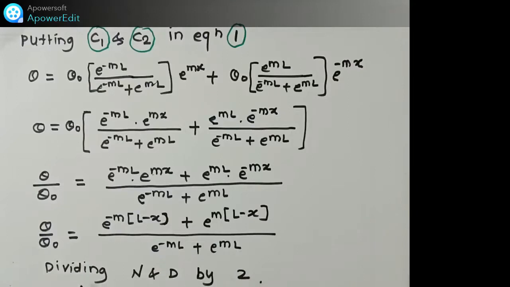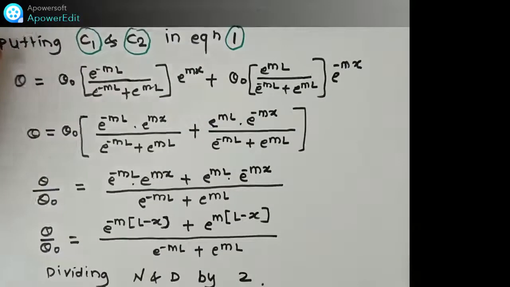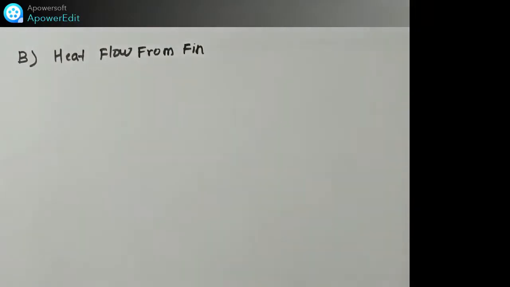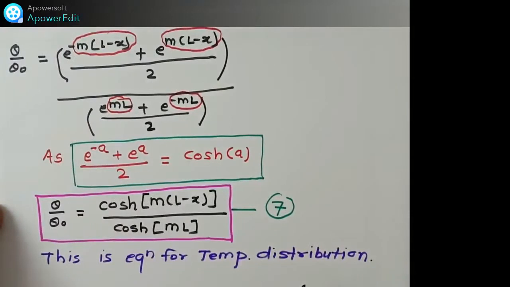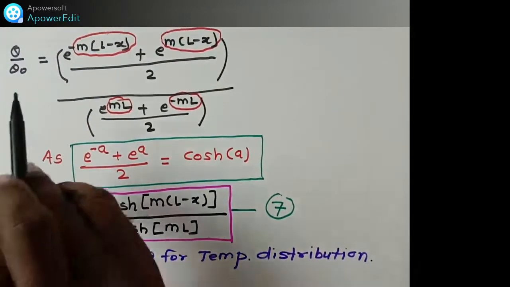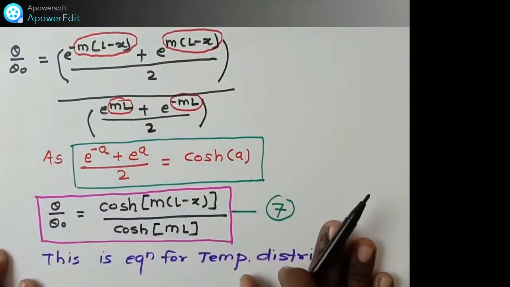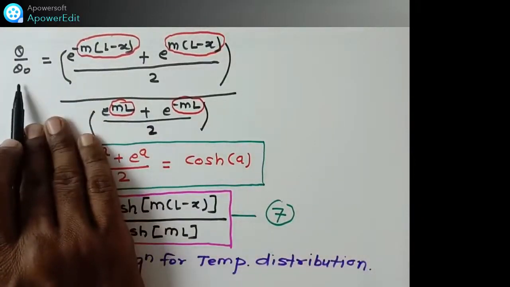Now what we do, we divide the numerator and denominator by 2 so that we can reduce this equation. So here we find theta upon theta 0.